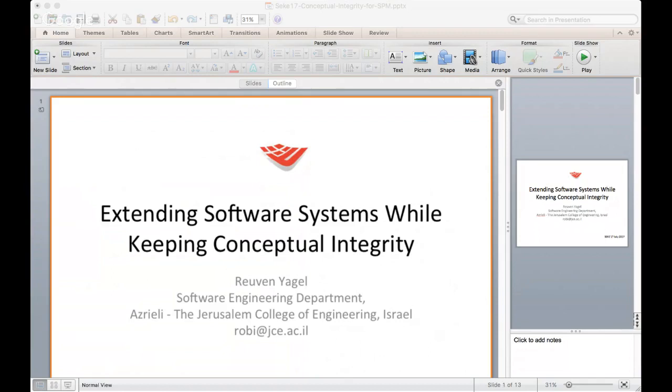I'll talk about the subject of conceptual integration. Then I'll move on to suggest a general model for the software development lifecycle, which we will use further for investigating the conceptual integration of a case study.